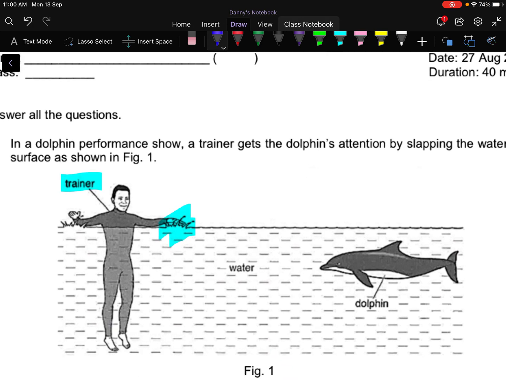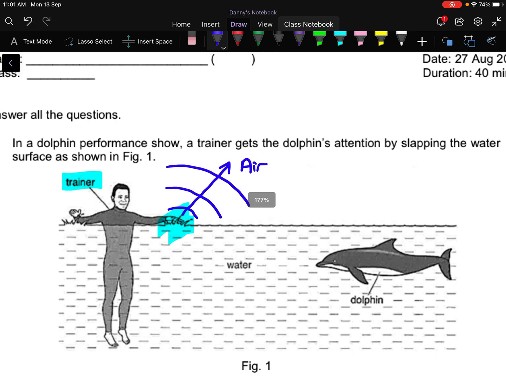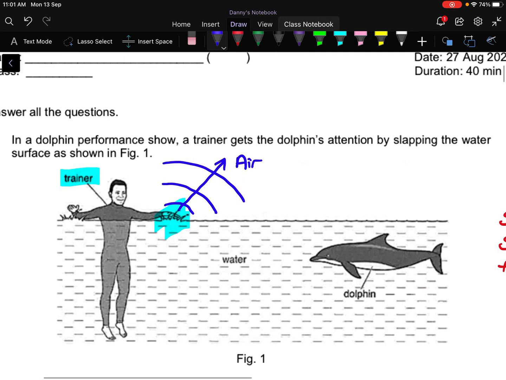Now, I have a number of you who think that the sound is made in air, so you are thinking that the sound goes into the air, and then somehow it will refract into the water. This is a very wrong concept, because when you vibrate the water, the water here will also get vibrated. As a result, the sound can travel directly from the trainer's hand to the dolphin.